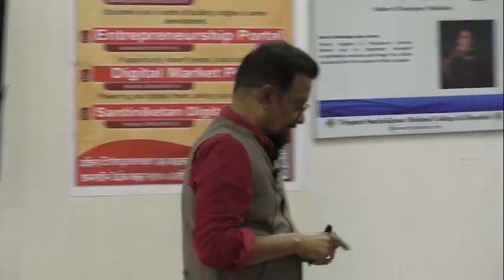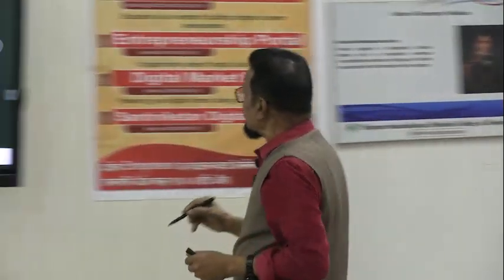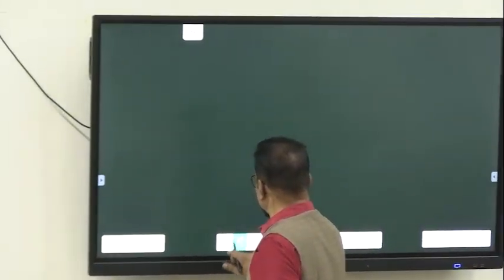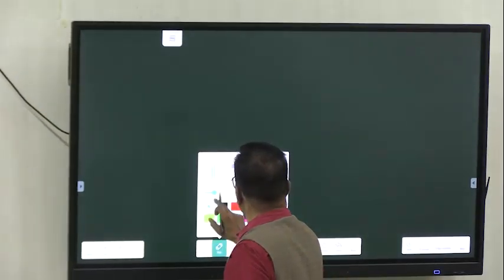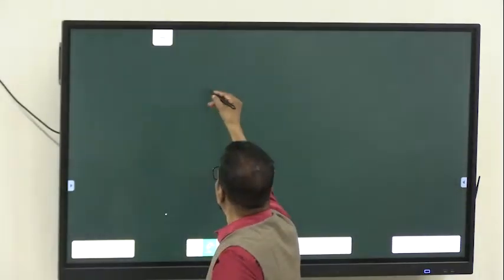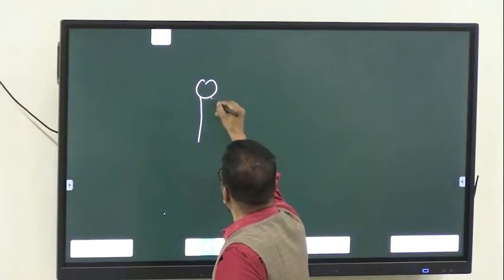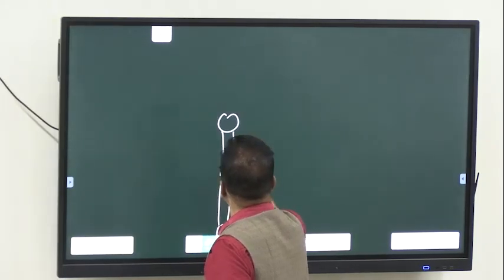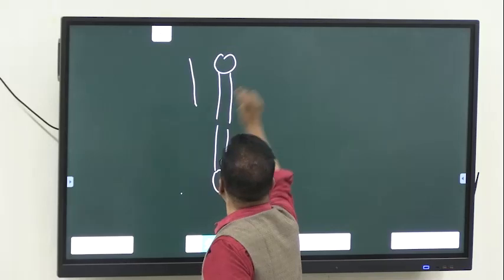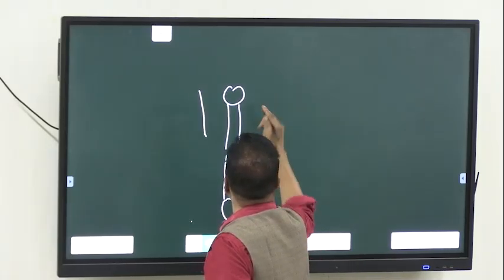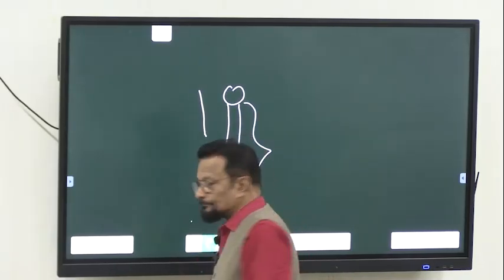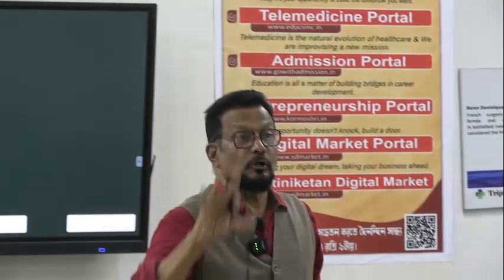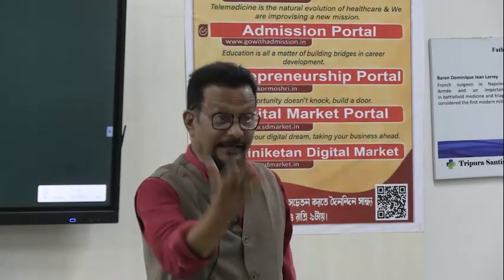And this part means which part? Non-polar part.